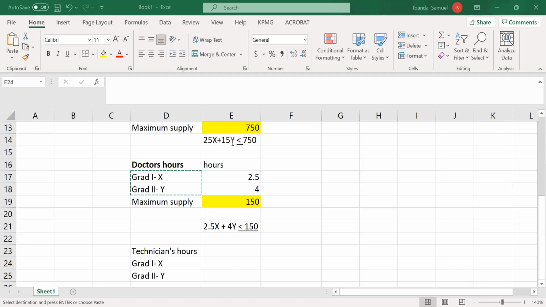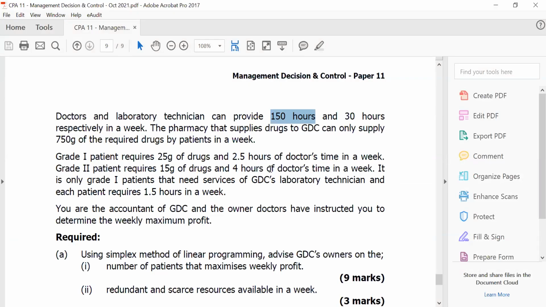They're telling us that it is only grade 1 that needs the services of a laboratory technician. And each patient requires 1.5 hours in a week. So that means grade 2 does not require it.